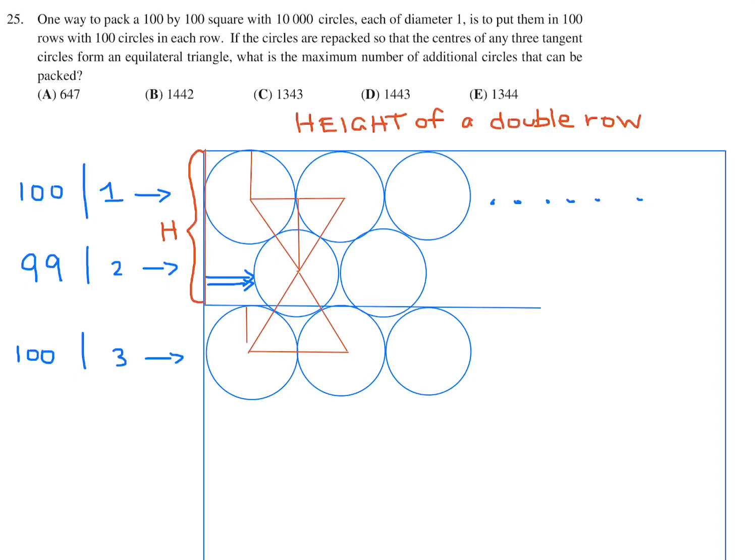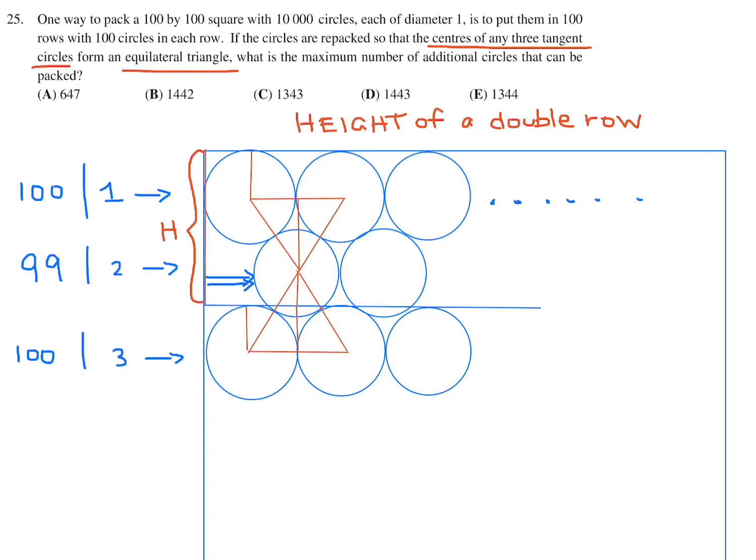And I think we'll draw a couple more that we need. And that should be sufficient. All right, so the question tells us that the centers of any 3 tangent circles form an equilateral triangle. So this circle, for example, and this circle are tangent, and their centers form indeed an equilateral triangle.